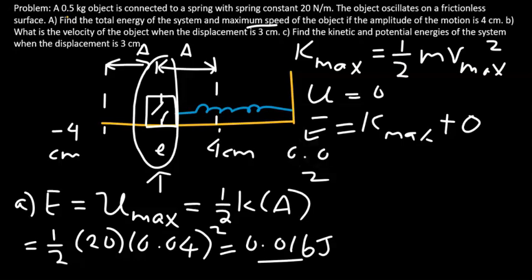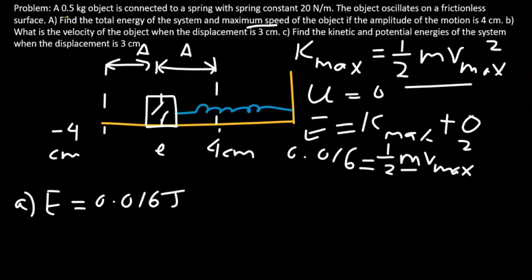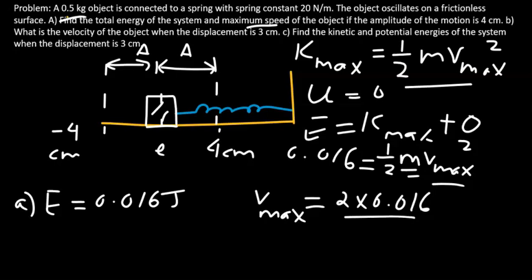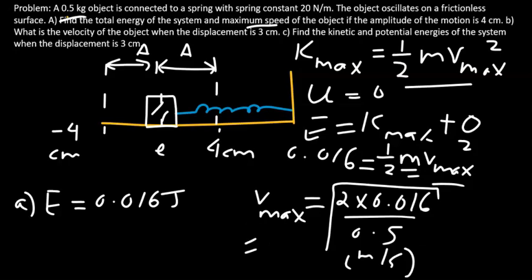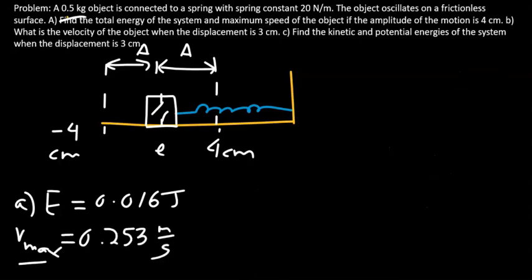E is 0.016, that is the total mechanical energy of the system. And K max is just half mass times the square of the maximum speed. Since we know the mass is 0.5 kg, we can determine v max. So v max equals the square root of 2 times 0.016 over 0.5, in the unit of meter per second. And when you do the sum, you get 0.253 meter per second. So I have recorded the answers to part A here.